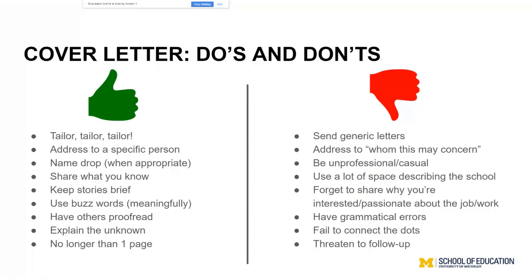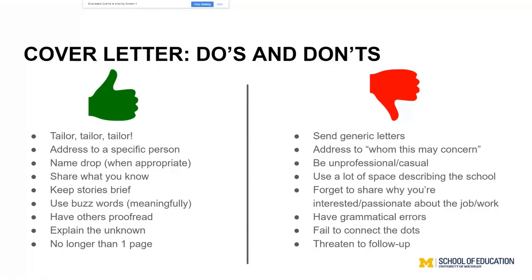You don't want to use a lot of space describing the school. Again, they know who they are, they know their initiatives, and so it's better that you use space describing you and how you easily fit into their environment. Don't forget to share why you're interested or passionate about the job or the work. So again, if you identify something that's really important to you throughout your research, make sure you're highlighting why that's important.